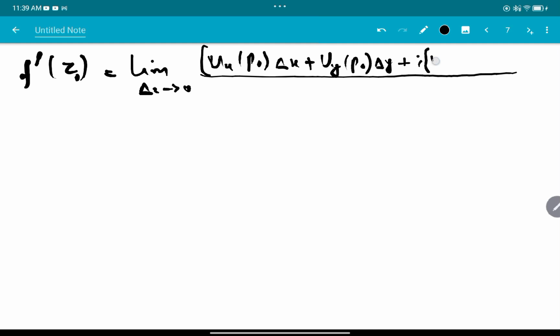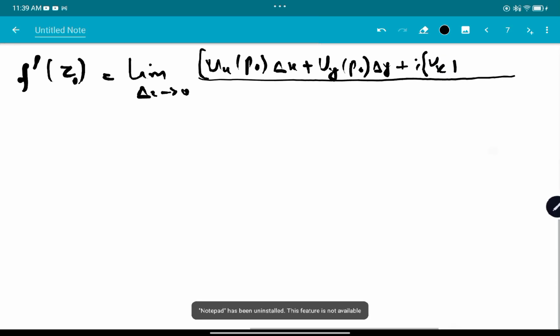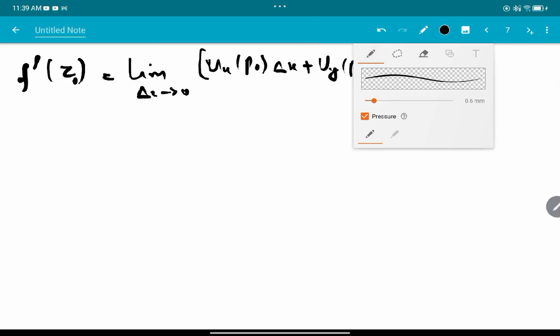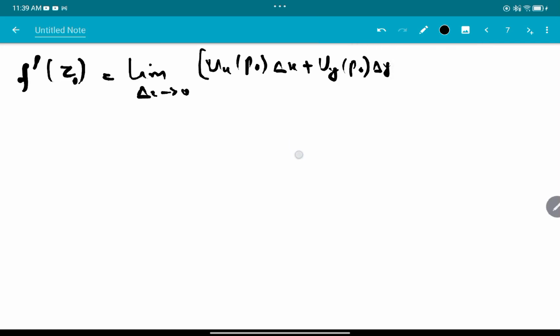I have plus i times (vx at z0 delta x plus vy at z0 delta y) divided by delta z.